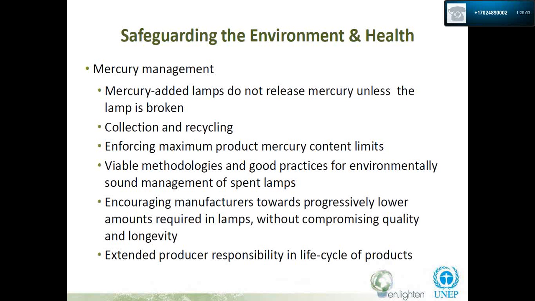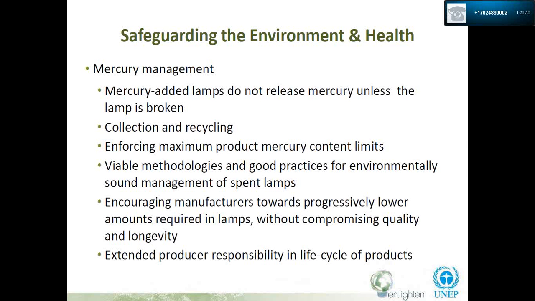But we also give guidelines for collection and recycling and different methods of doing this. We have some very interesting private sector partners and civil society partners who are suggesting methods for setting up collection and recycling systems.